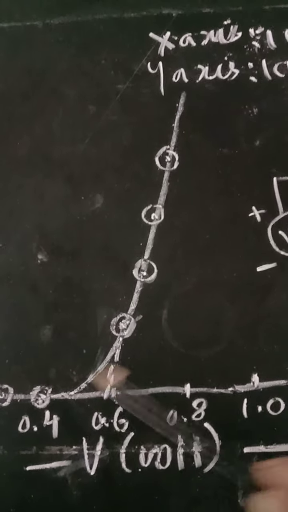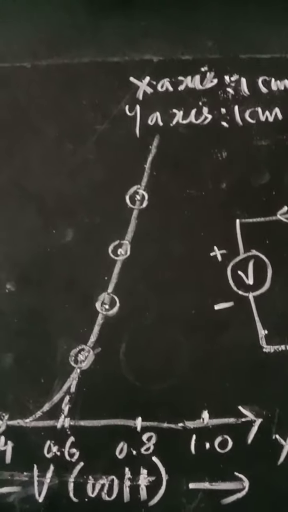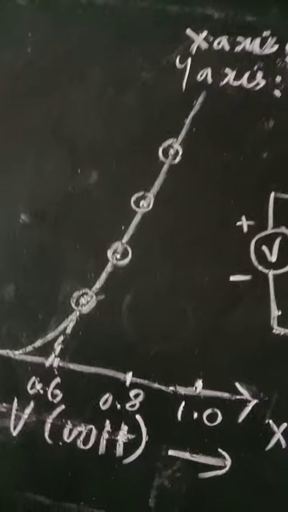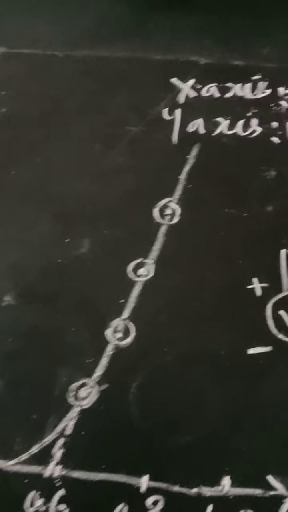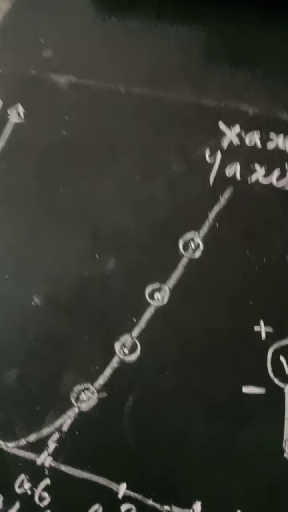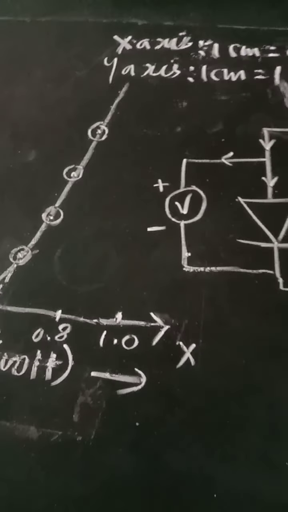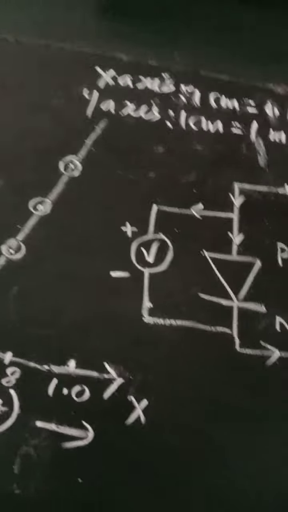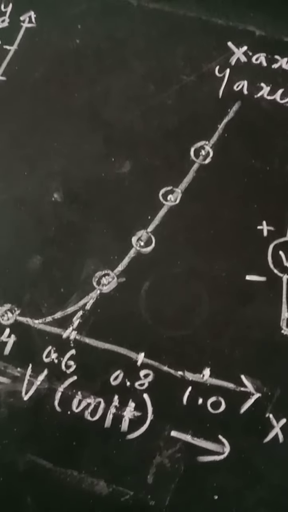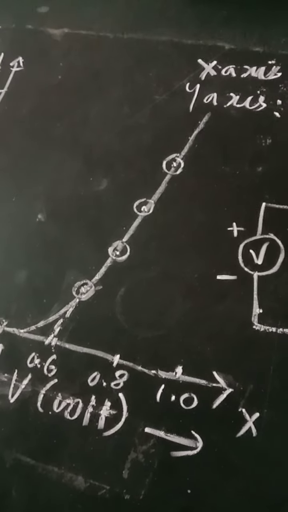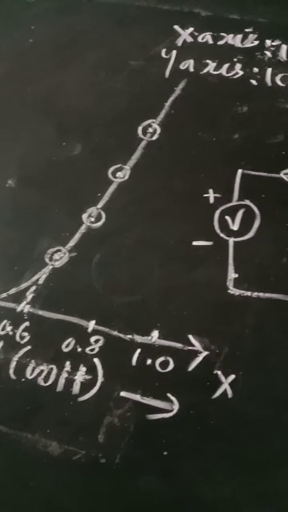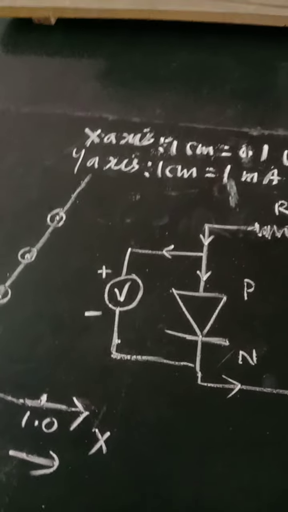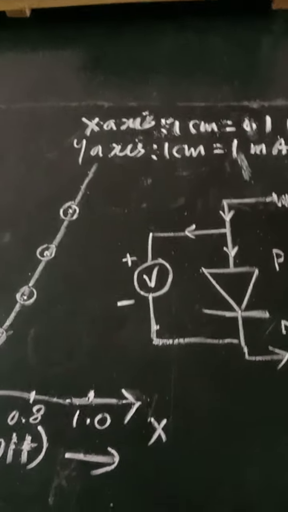This point on the x-axis will represent the voltage of this PN junction diode where the tangent drawn meets the x-axis, and that is called the knee voltage or threshold voltage.